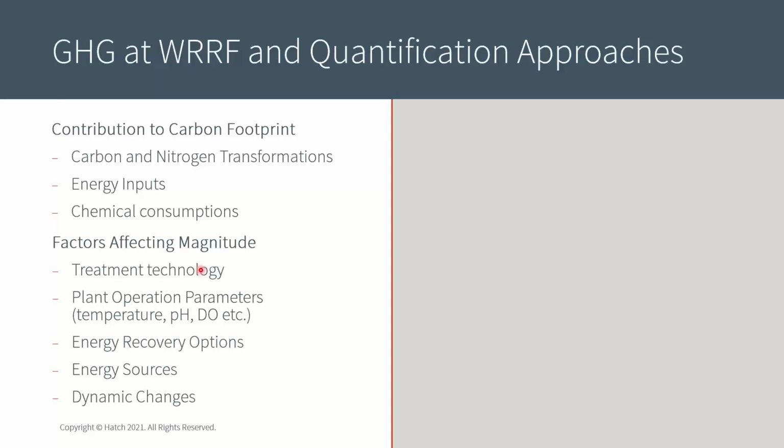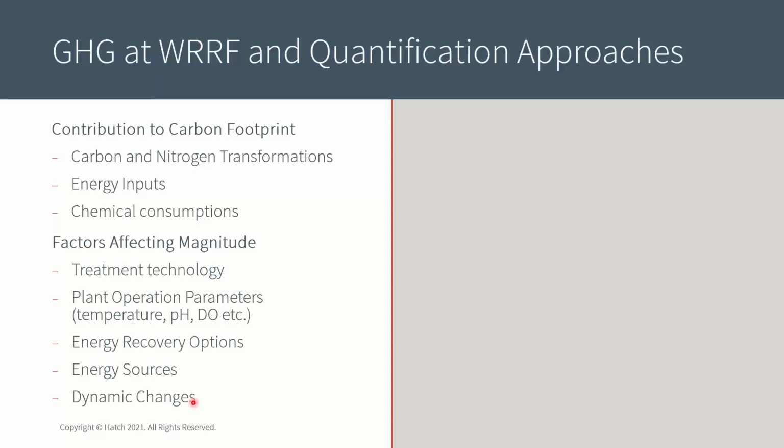The other things are, of course, the energy recovery options that we are using, the energy sources, the mix of energy, basically. And one important aspect that I want to highlight is that when we are talking about the energy sources like electricity, for example, every region has, during the time of the day, basically the mix of that energy is changing.